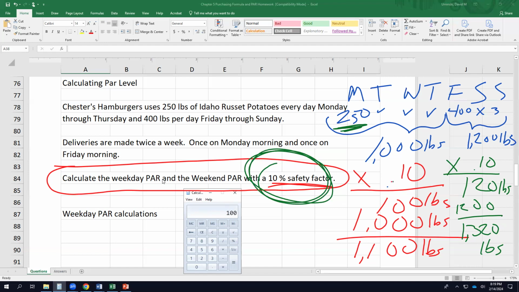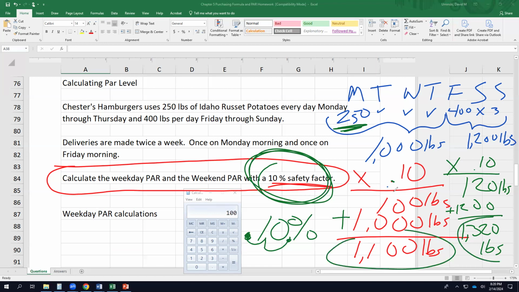Okay, because 10% as a decimal, we're going to move that decimal over 2 spaces to make it back into a decimal. So that's where we get the 0.10. So we multiply 1,000 times 0.10, and that gives me 100 pounds. And then I'm going to add my original number to get the total number of pounds that are needed.